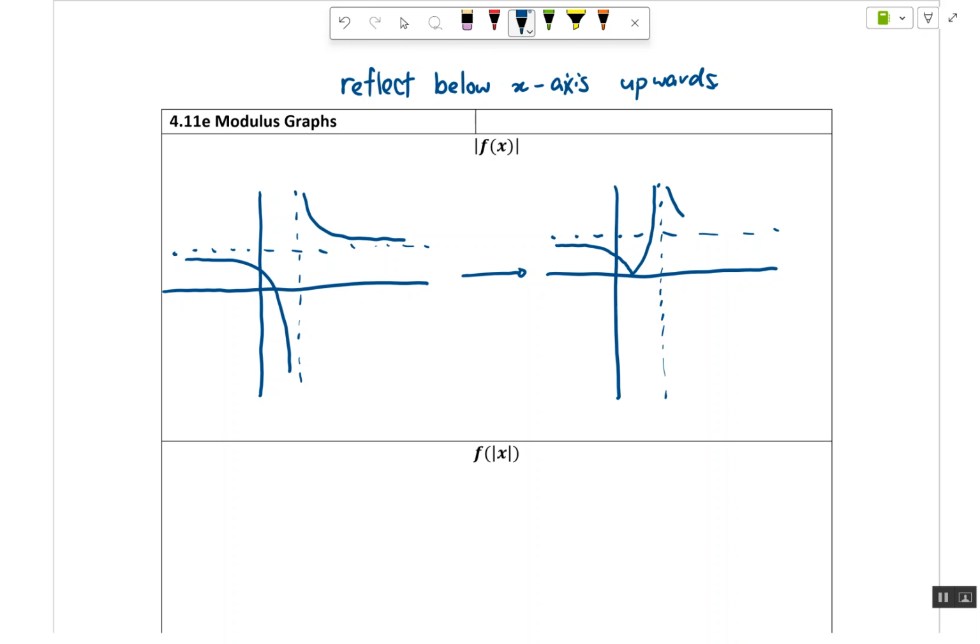Can you see this part here is reflected? Reflect this part upwards. Not an easy skill to do this. After quite long, then you will know how to.